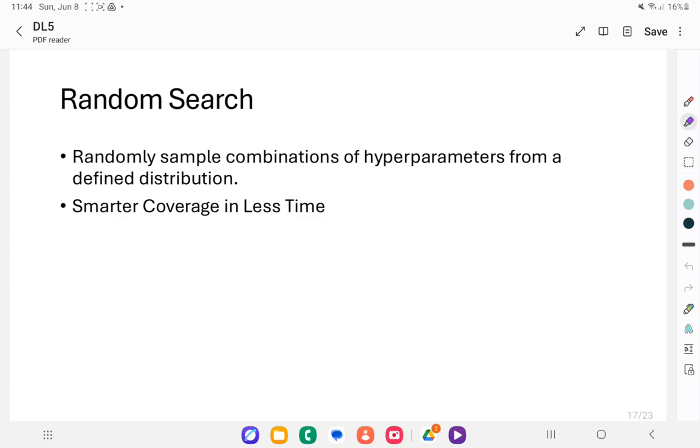Random search has been shown to be more efficient than grid search. It does find good configurations faster, and it does cover the space better with even fewer trials.